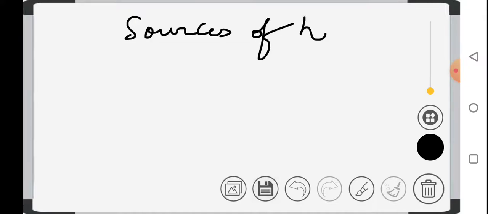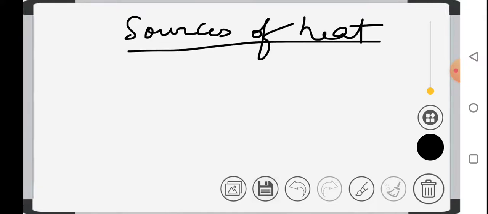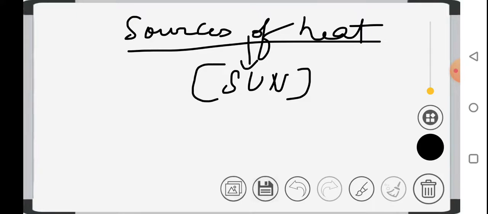Sources of heat. Now children, if I say in one word what is the ultimate source of heat and energy, then I would say that it's the sun, which you will study in class 8th and 9th also.